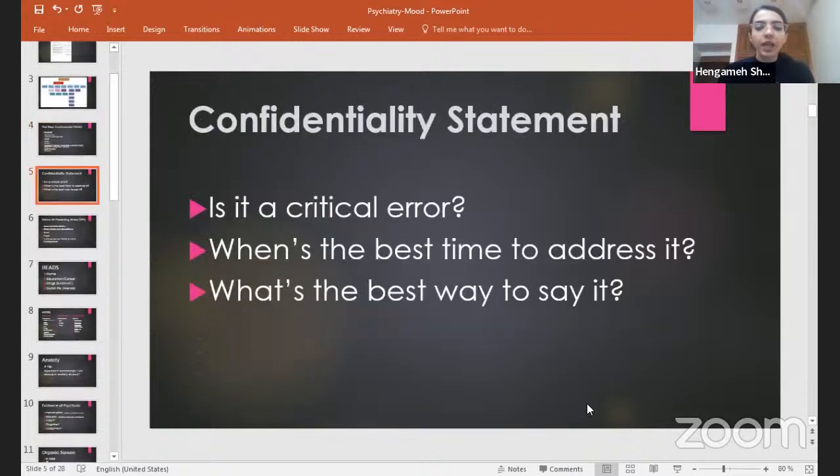Okay, so one of the most important parts of psychosocial history is the confidentiality statement. Please open your mics if you have any questions or ideas with regard to the questions on the slide. Do you think not mentioning the confidentiality statement is a critical error?